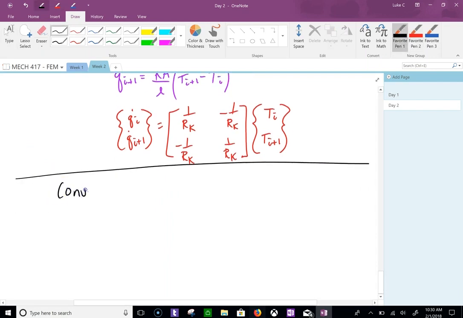Let's do convection real quick. We're looking at convection because what's the first element? Convection. So our stiffness matrix should have the convection equation.